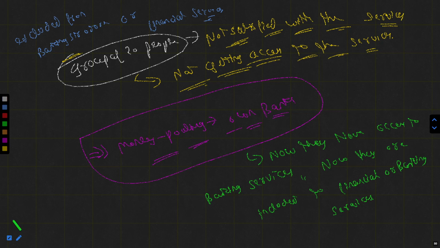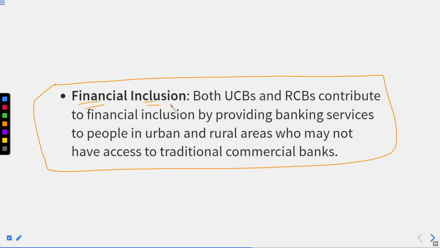All right, that's why the establishment of urban cooperative banks and rural cooperative banks is essential for financial inclusion by providing services for people in urban and rural areas who may not have access to traditional or commercial banking. Got it?